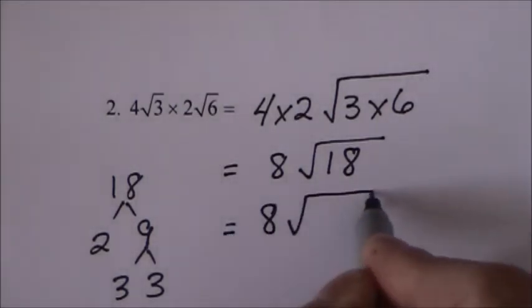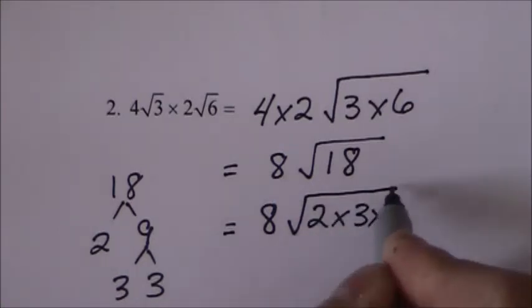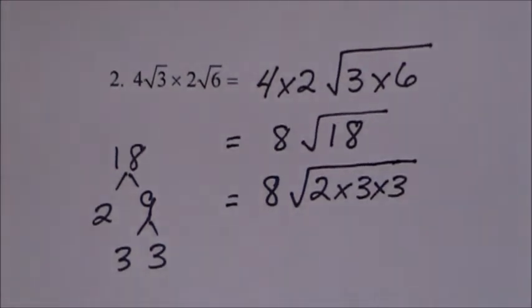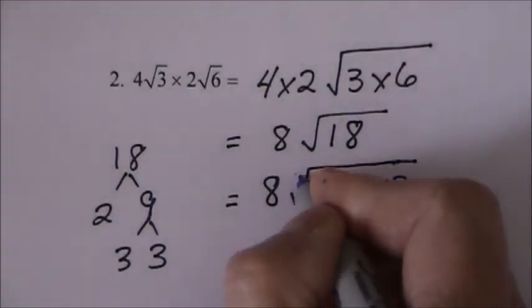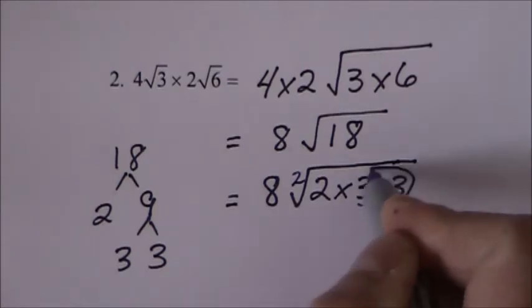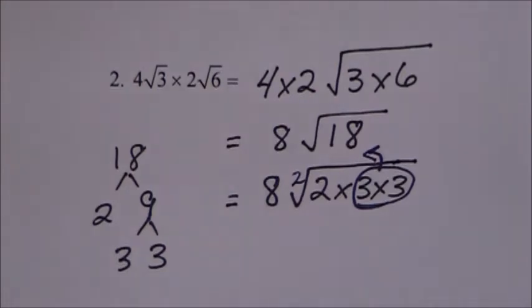So replacing the 18 with 2 times 3 times 3 under our radical sign, we then have an index of 2. So as we look at our index of 2 there, no visible index is an index of 2. The 2 3's get to go together and they can leave. The 2, however, has nobody to go with, so it has to stay behind.